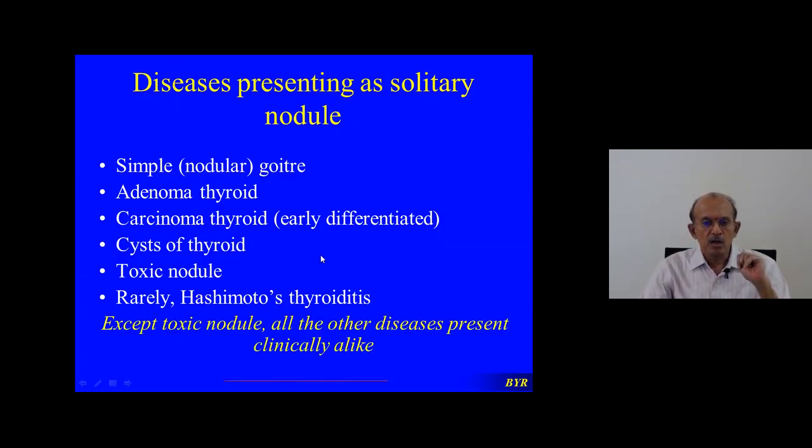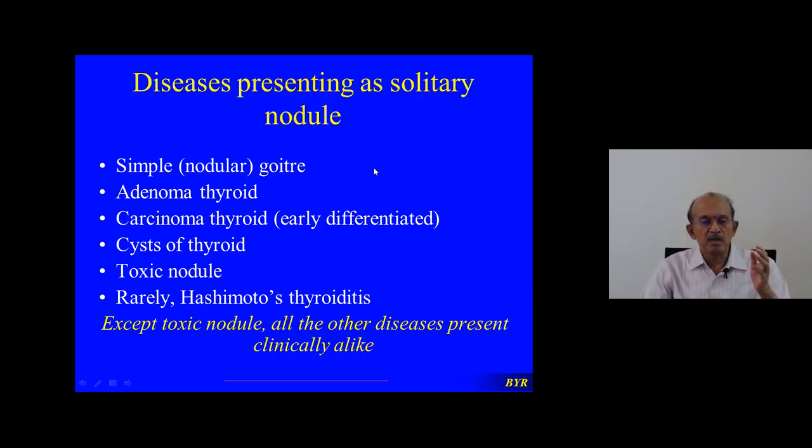Except toxic nodule, all other diseases present clinically alike. So simple nodule, adenoma thyroid, differentiated carcinoma thyroid, cysts of thyroid, they all have similar clinical manifestations.